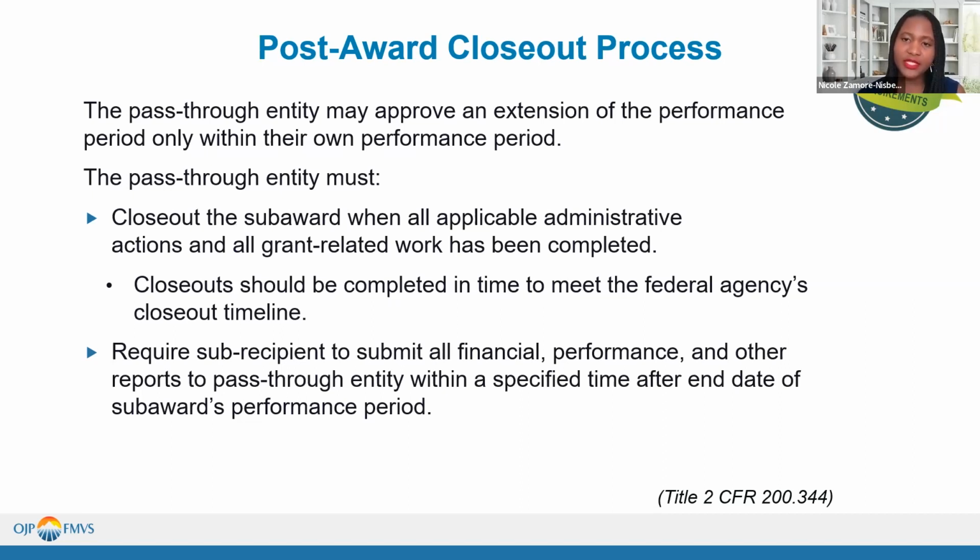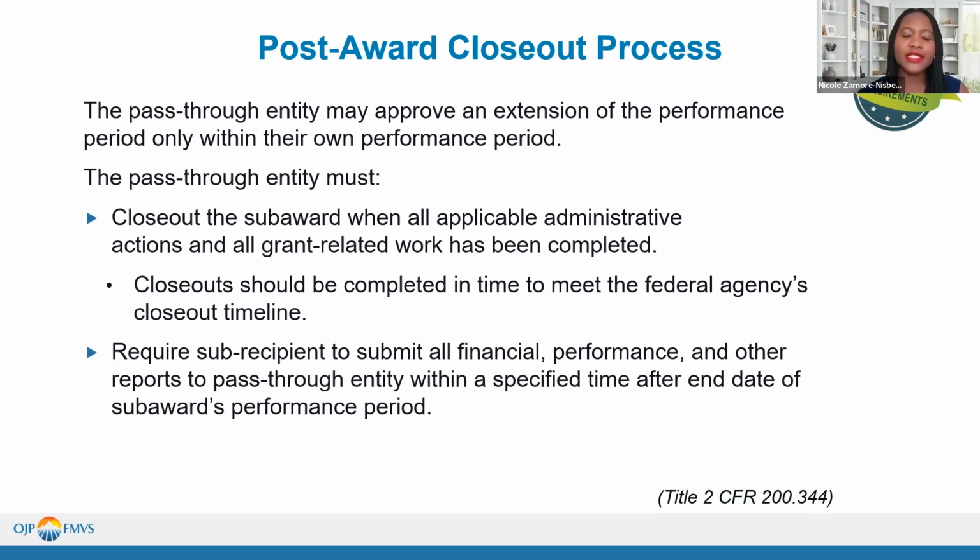A pass-through entity may approve an extension of the performance period only within their own performance period. So if you have a deadline of March 30th, you shouldn't be giving your subrecipient a deadline of April 15th, because that's beyond your own approved timeframe to submit your documentation.